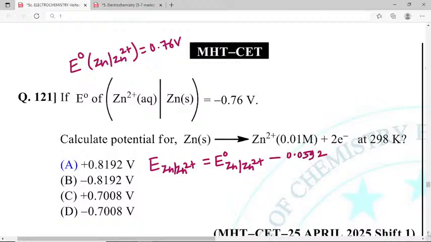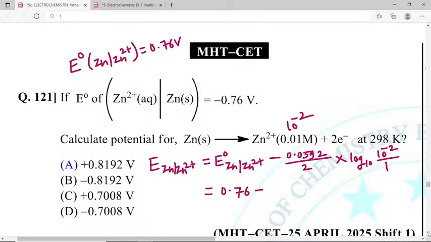0.0592 divided by 2 multiply by log to the base 10 of the concentration, this is 10 to power minus 2. So 10 to power minus 2 divided by 1. So what is the value here? E naught Zn2 plus value 0.76 minus.